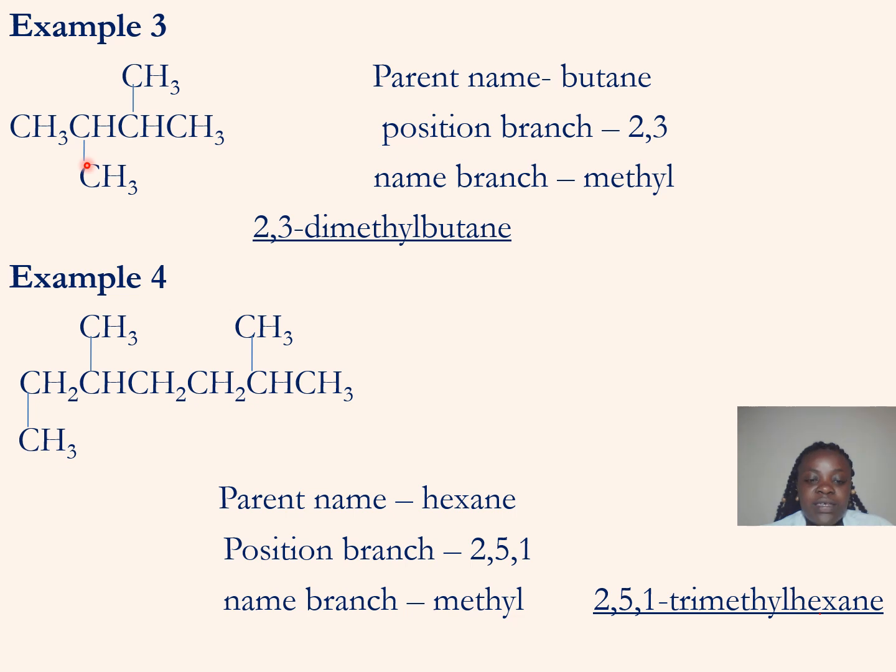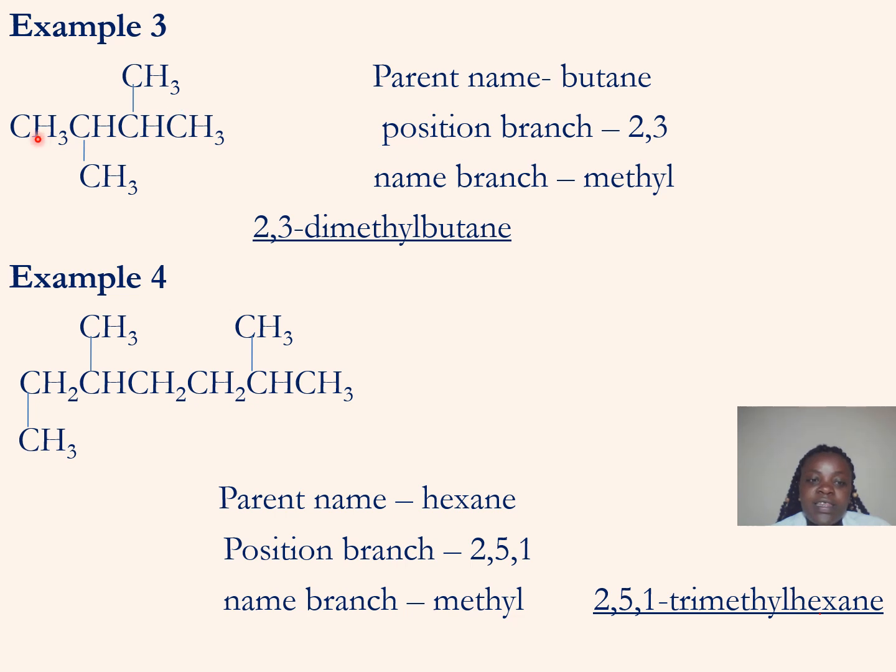We have 2 branches, one at carbon number 2 and the other one at carbon number 3. So if we start naming the branches, we have a methyl and a methyl. So we have 2 methyl, and we said if we have more than one, we use the prefix. Since it is 2 branches, we use the prefix di.